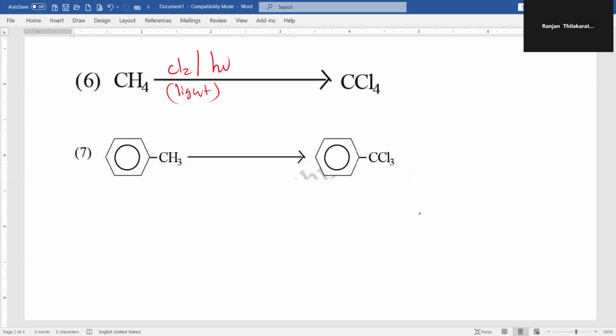Now, here again, you can add Cl2 and sunlight. In this case, you have to use diffuse sunlight, that means not the direct sunlight. If you use direct sunlight, the reaction may be different. I have given you that also. So please go through the note and refresh your knowledge.